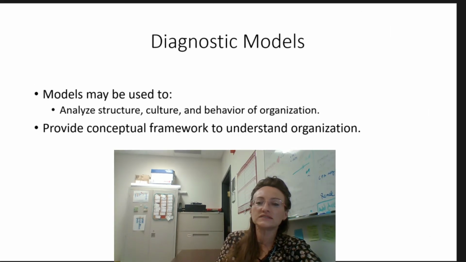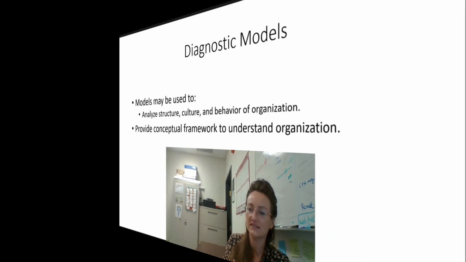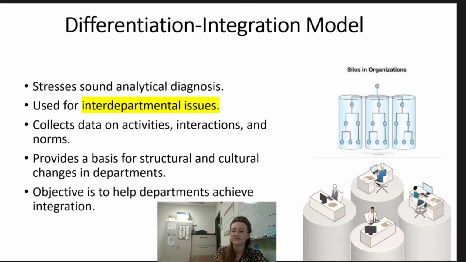There are several diagnostic models that you can use to approach a diagnosis. They are the Differentiation-Integration Model, the Sociotechnical Systems Model, and force field analysis. The Differentiation-Integration Model looks at organizational siloing. An organization has different units that can develop different goals and cultures, and they can start working against each other.